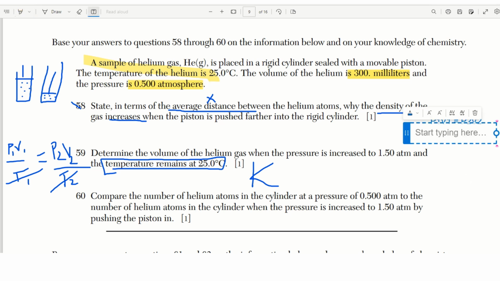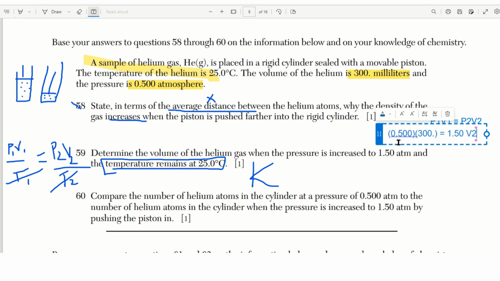So what was P1? 0.500. What was V1? 300 equals, all right, what is P2? 1.50, and that's times V2.